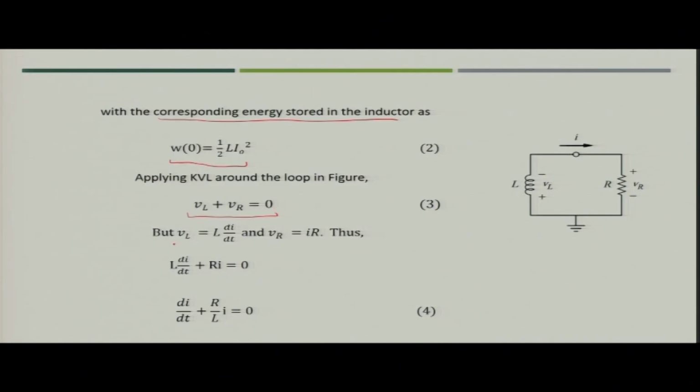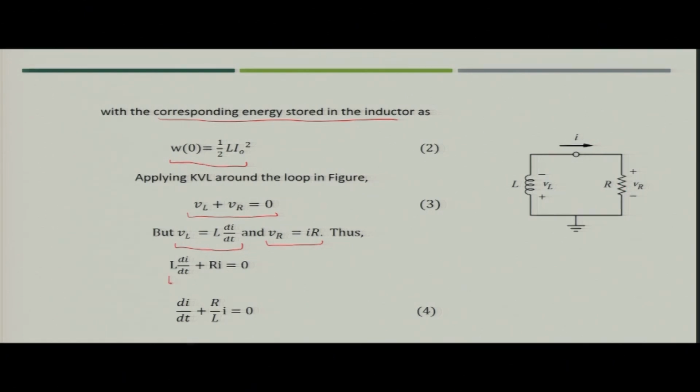We know that the voltage across the inductor is given by L di by dt, and the voltage across the resistance, VR, is I into R, where I is the current flowing in the loop.